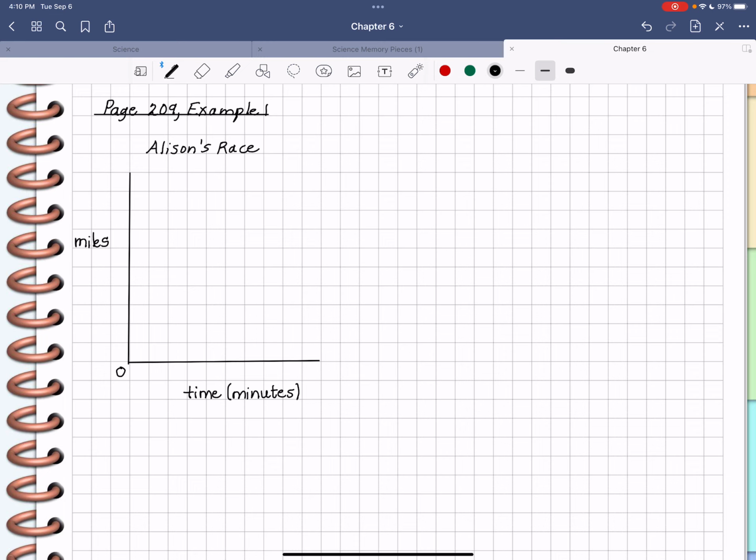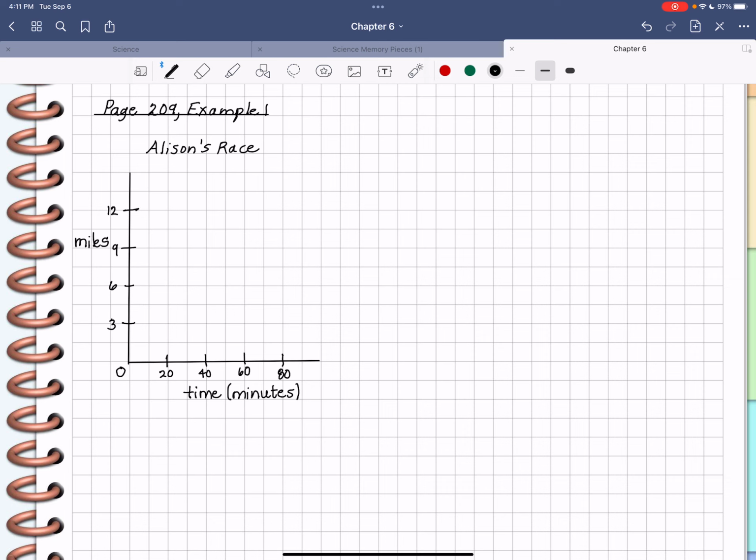And then we have 20, 40, 60. So there's the 1 hour mark. And then 80 minutes. And then on the y-axis, we have a 3, a 6, a 9, and a 12.